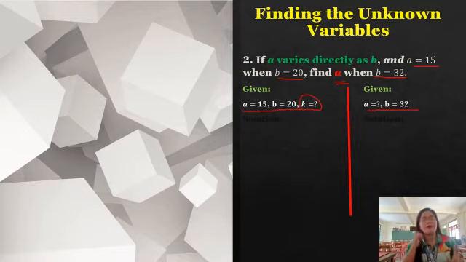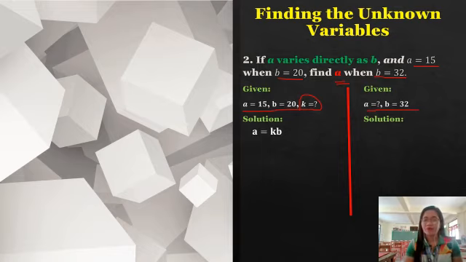Now let's first solve for the first set, the value of k. In solving, again, we write the formula: a varies directly as b, and it is written as a equals kb.